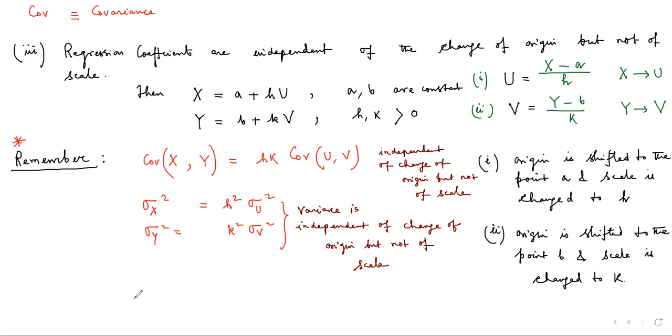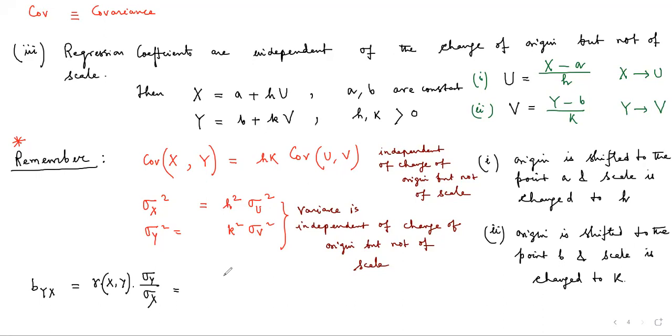Now, if I want to apply these results over here, what we actually get is the following. We want to know about the regression coefficients. The regression coefficient byx is given by the formula rxy into sigma y by sigma x.